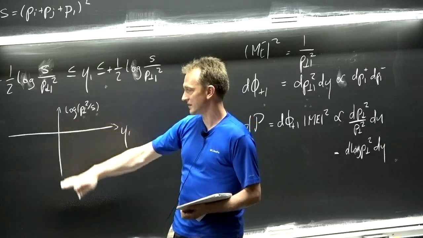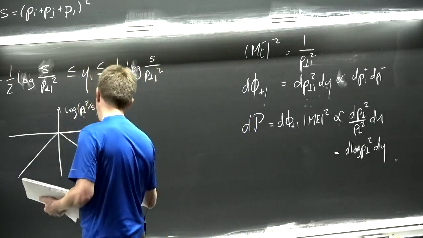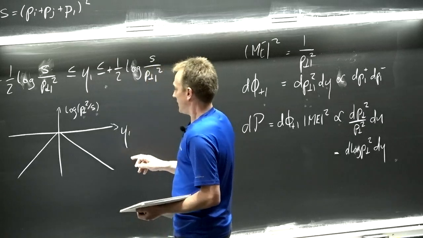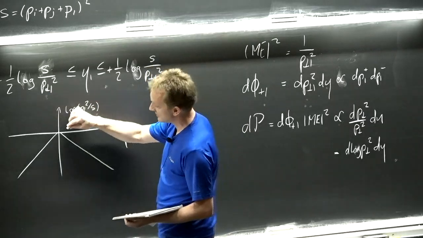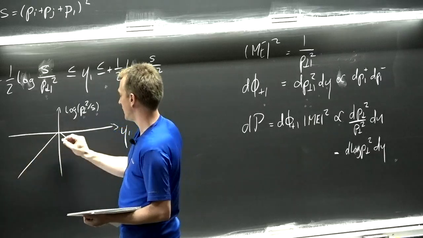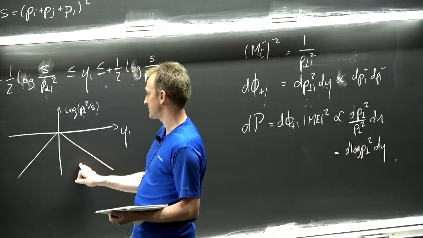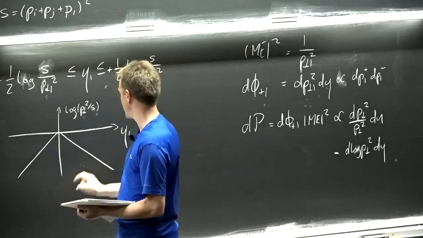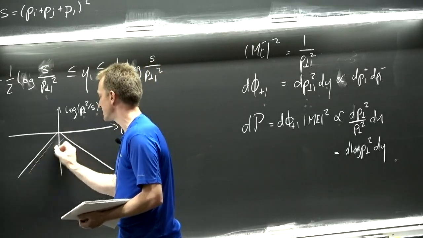So it's all in the third and fourth quadrant of this plane. And I know that this is essentially the diagonal in the third and the fourth quadrant, which limits the phase space for the additional radiation. And I know eta has to be in between. So the allowed phase space is here.